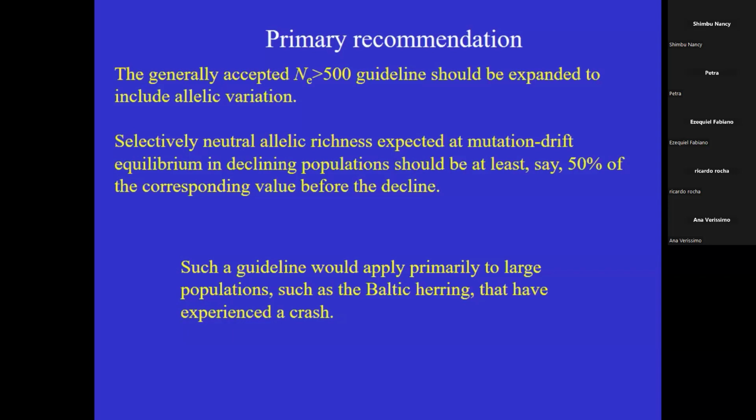And I guess the simplest recommendation is that if we're going to use these rules of thumb, like an NE of 500, we should recognize that this may not tell us everything we need to know about the genetic variation. So looking at the expected loss of allelic variation should be included in these guidelines, as well as looking at effective population size.